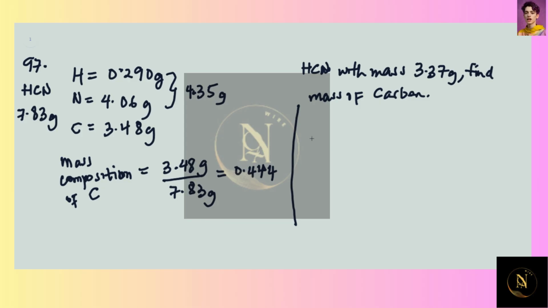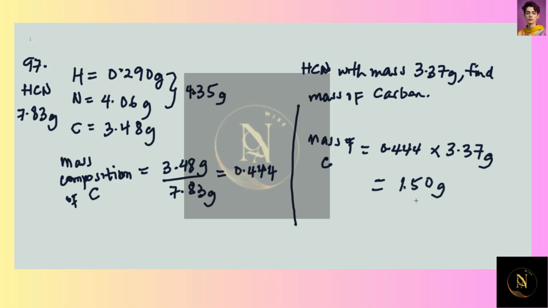So the mass of carbon here is essentially the mass composition that we determined, 0.444, times the total mass of hydrogen cyanide for this sample, which is 3.37 grams. And upon solving this, we find out that the mass of carbon is 1.50 grams. So that's the mass of carbon in the 3.37 grams of hydrogen cyanide sample.